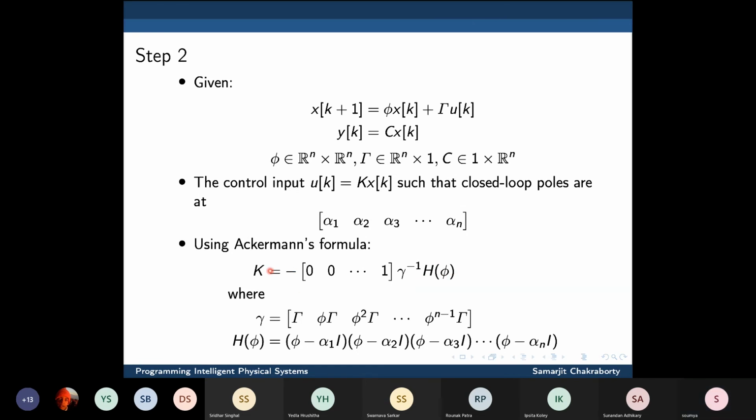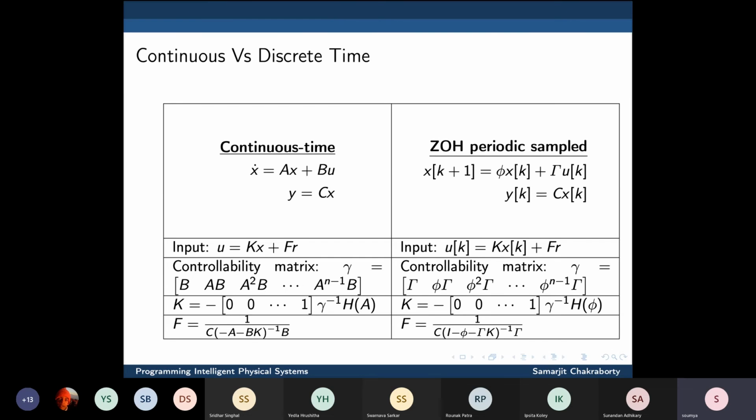And then from direct application of Ackermann's formula, you can work out the values of the gain components of K and F and all that, right?